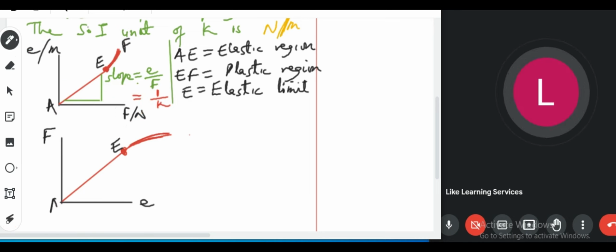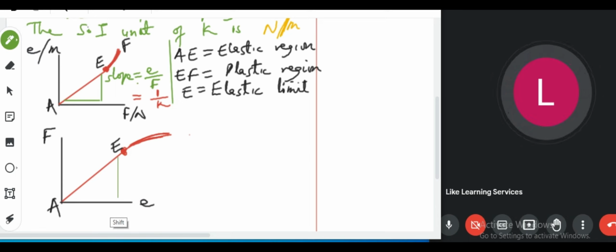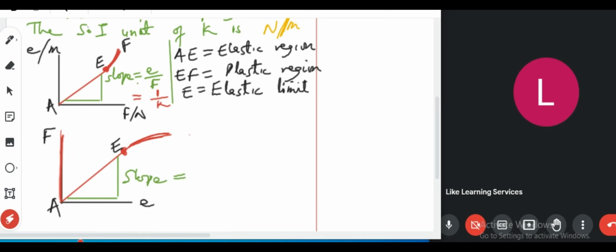So what I'm saying is, if we take the slope here, where we plotted force against extension, the slope will give us rise, which is F, over run, which is E, and that is directly the spring constant.